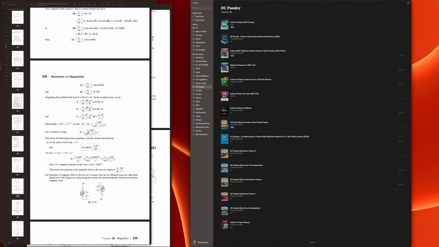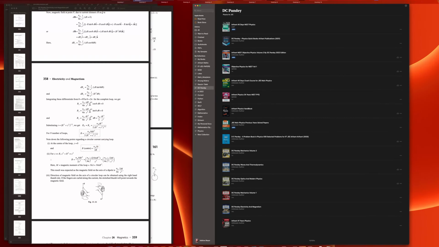Mu naught, this is mu naught, here it's alpha naught, but actually this is mu naught, and after integration 4 pi got cancelled. So this is mu naught by 2 IR square, yes, similar fashion.